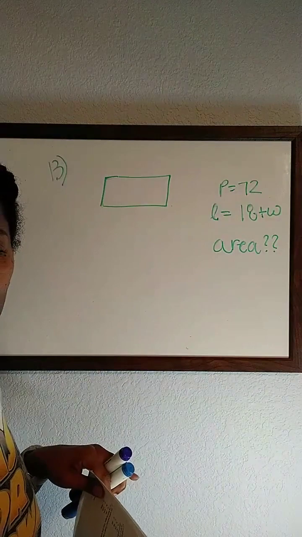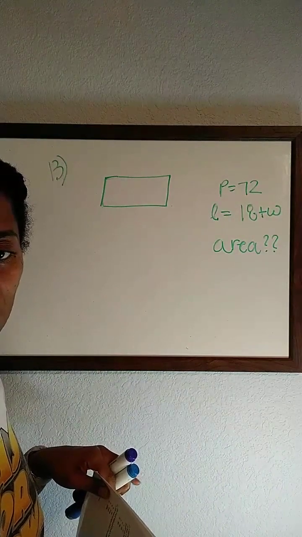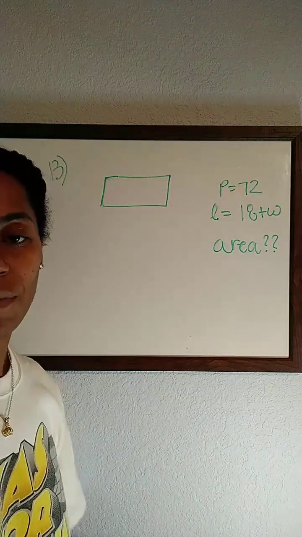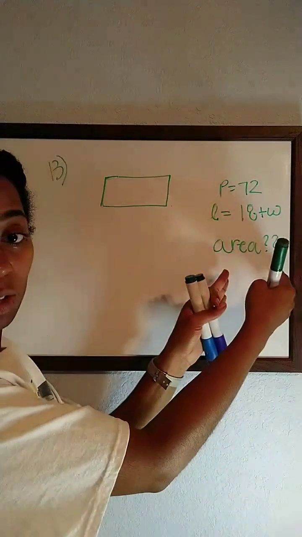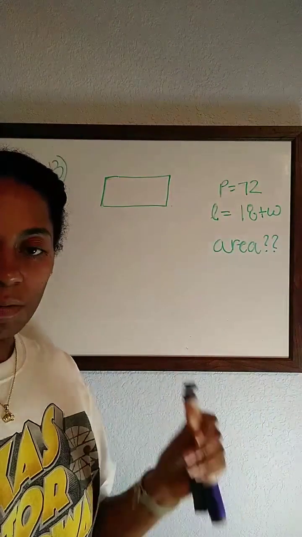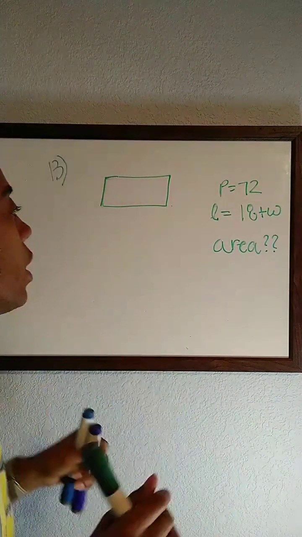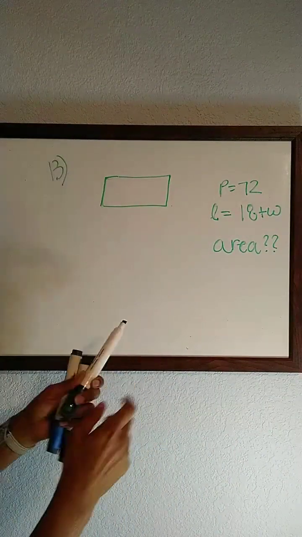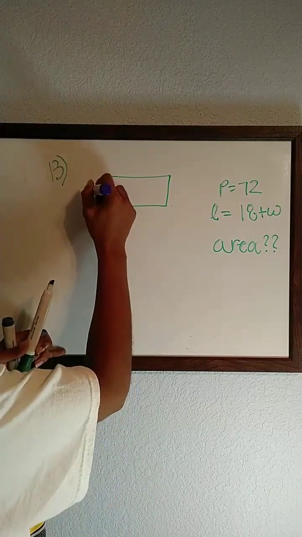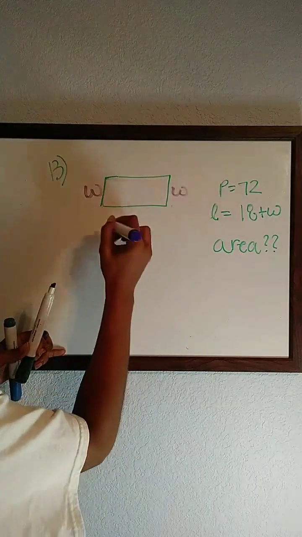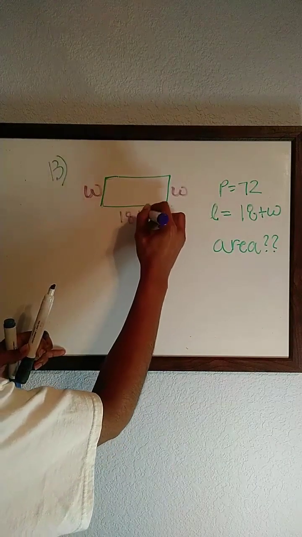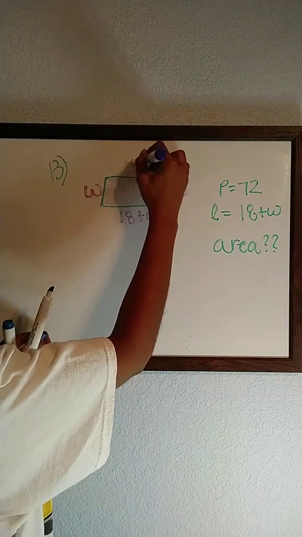Do not forget that. Our goal is to find the area of this shape. Now it didn't tell me the width, so I'm just gonna use W, but my length is 18 plus W. That's how I'm gonna write that in there.